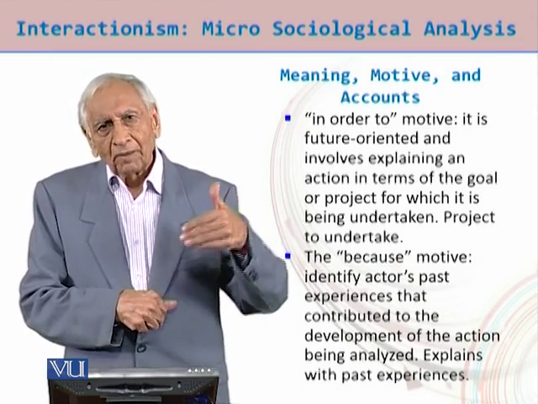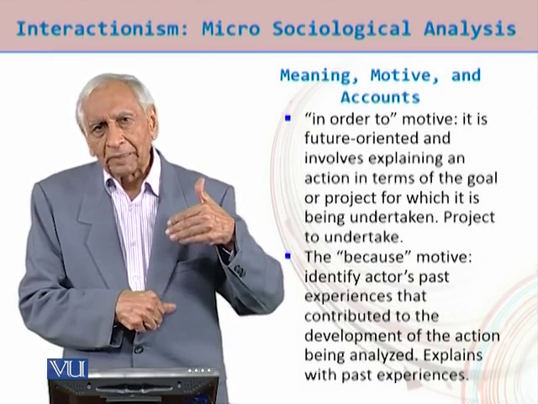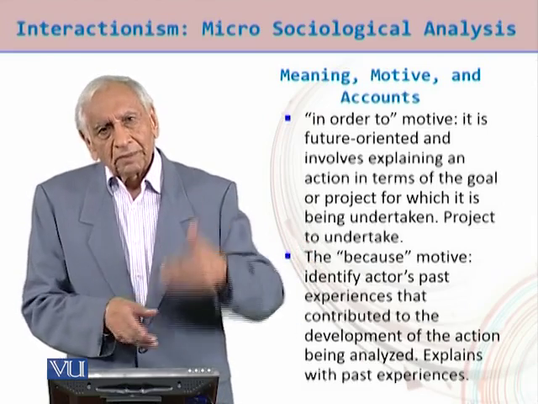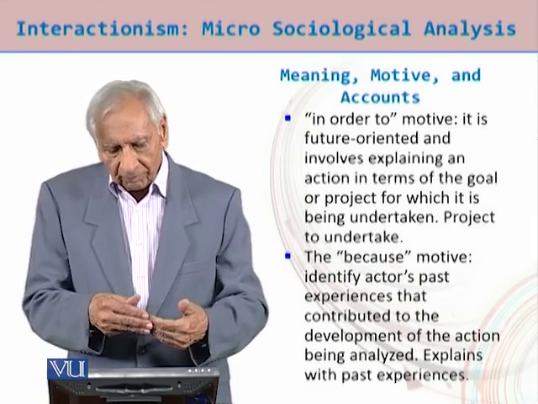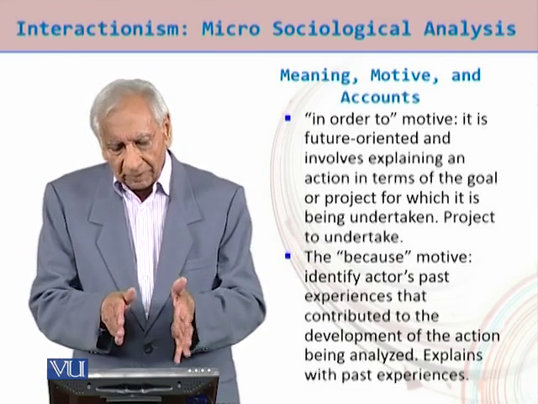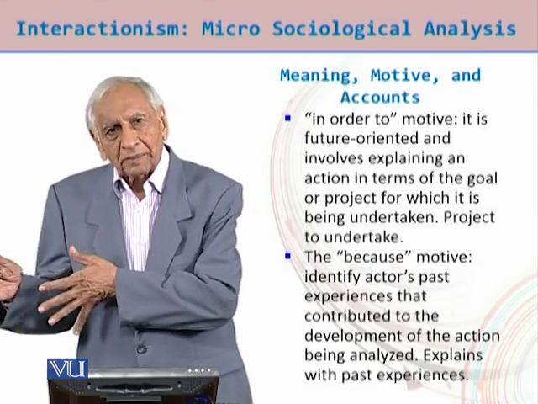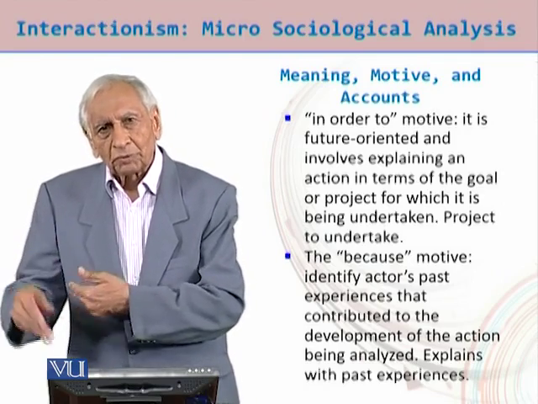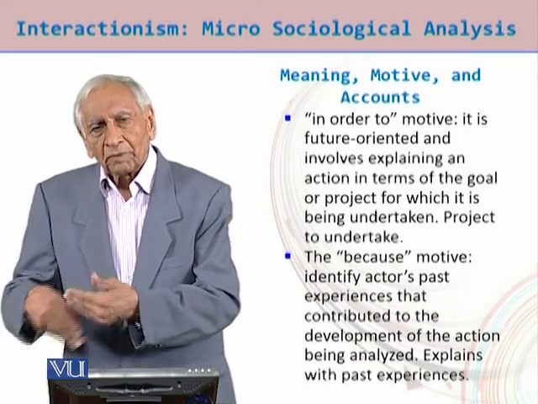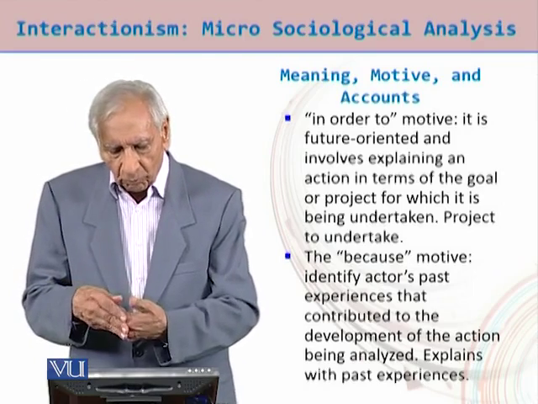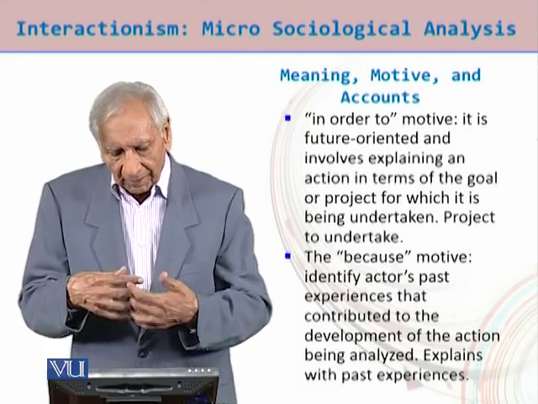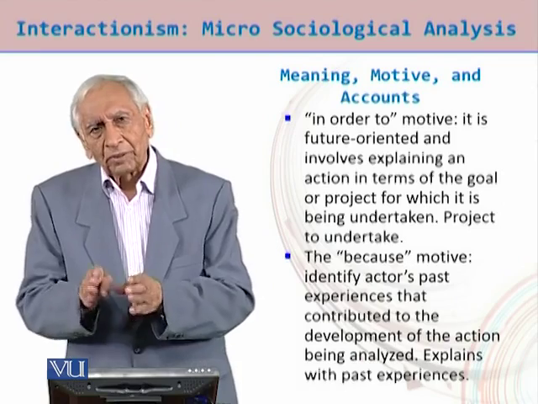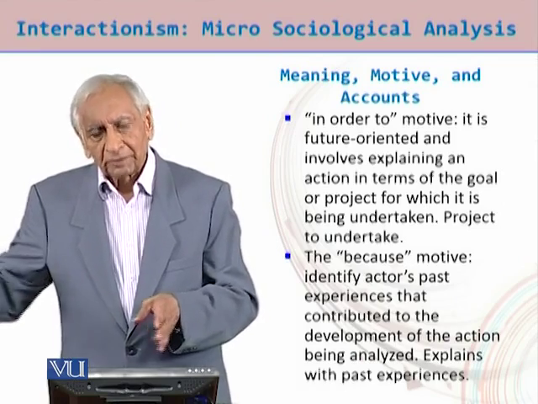The project might be getting a degree, or it might be achieving some other goal. The other one is the because motive. So we try to identify the actor's past experiences, and those experiences or factors contributed to the development of action. So the action is explained because of the past experiences.